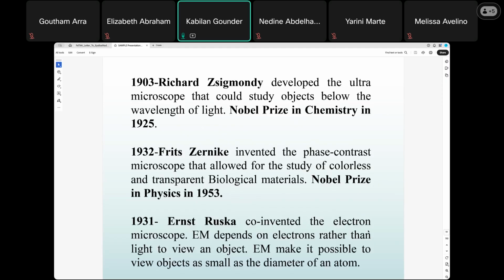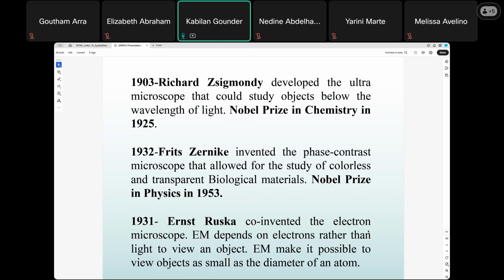And for those discoveries, he got a Nobel Prize in chemistry in 1925. In 1932, Zernike invented the phase contrast microscope that allowed for the study of colorless and transparent biological materials. For that, he got the Nobel Prize in physics in 1953.